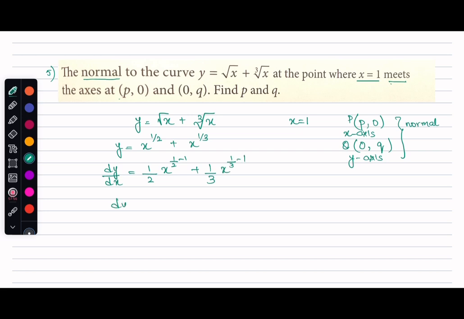Further, the gradient shall be equal to 1 by 2 x to the power half minus 1, giving negative 1 by 2, plus 1 by 3 x to the power negative 2 by 3 here.